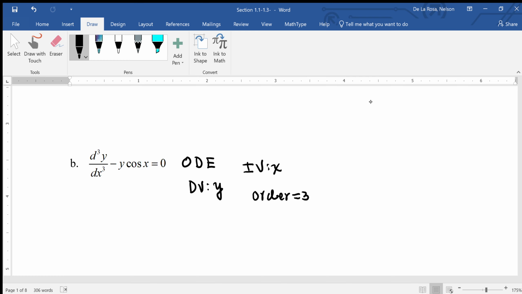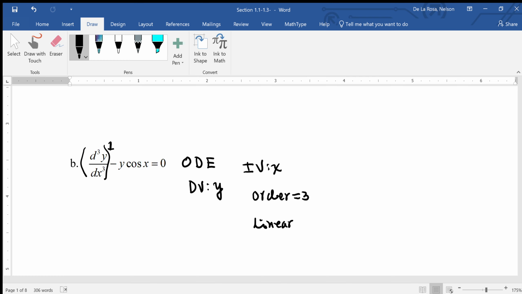Okay, it is also linear. Why is it linear? Because the exponent of the derivative is 1, right? Here we have an invisible 1 as an exponent. So that is why it's linear.